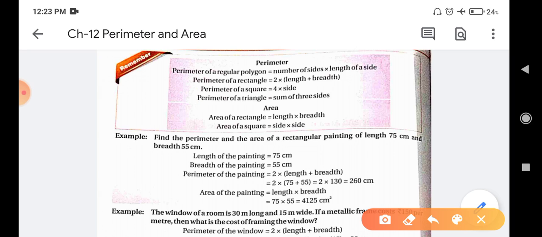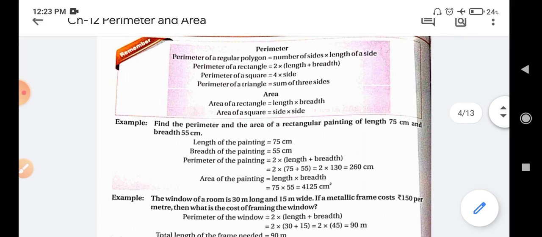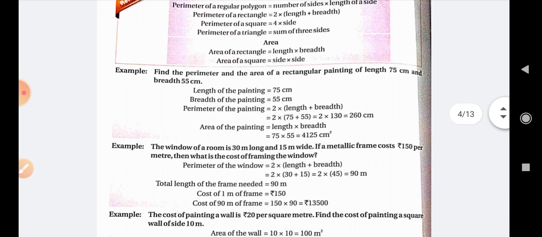Now the next formulas are of area. Area of a rectangle is equal to length multiplied by breadth, and area of a square is equal to side multiplied by side. So these are the important formulas to find perimeter and area of some geometrical figures. Then there are some examples.